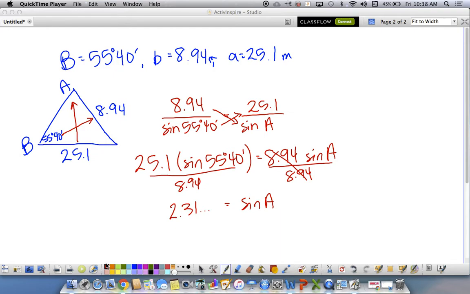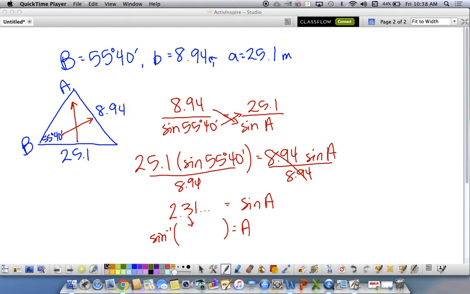So when you go to plug in sine inverse of this 2.3 number to get angle A, are you doing that? Guess what you're going to get? That's right, an error. Because can sine have an output that's greater than 1?